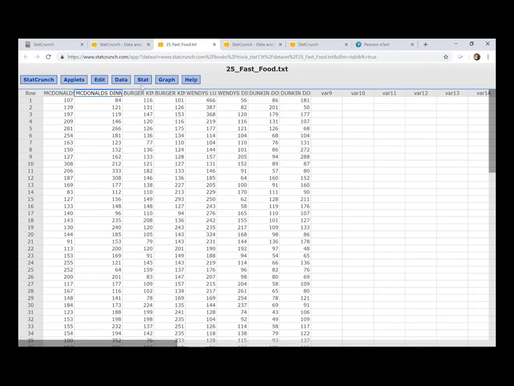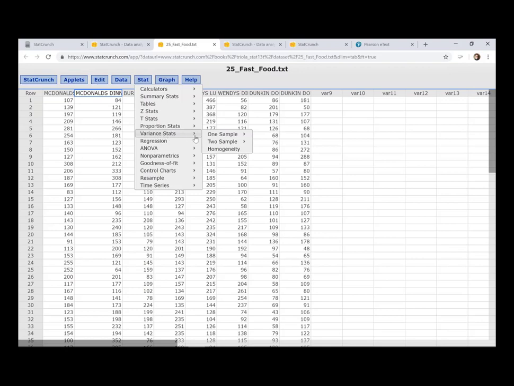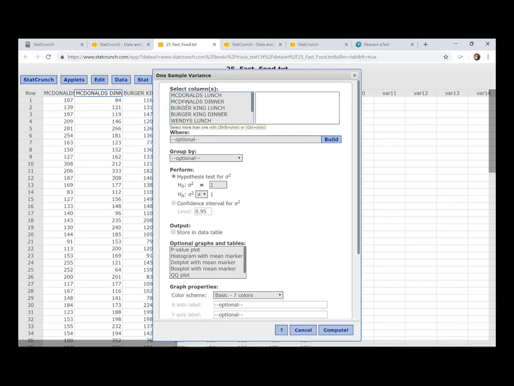So we want to deal with this second column. I want to go Stat. Again, I'm going to do variance statistics, one sample, but this time it's with data. And I want to do McDonald's dinner. So I have my columns that I want to do. I need to do my hypothesis test. What we're looking at is to see if it's the same as Wendy's, and Wendy's is 55.93, but we have to square that because that's a standard deviation.